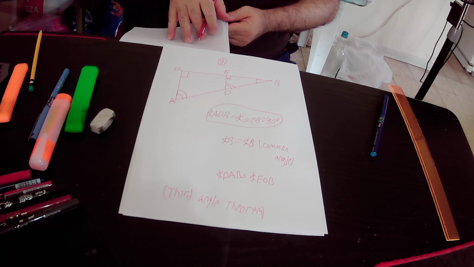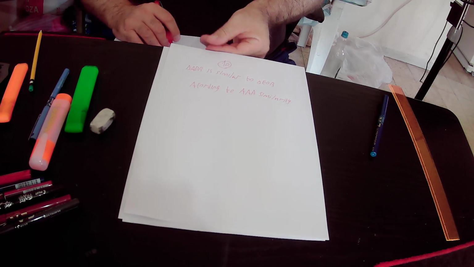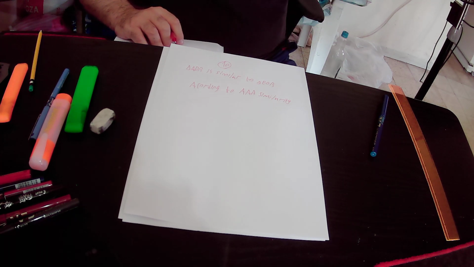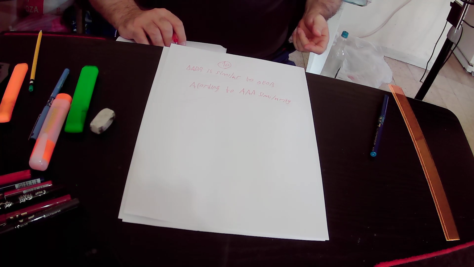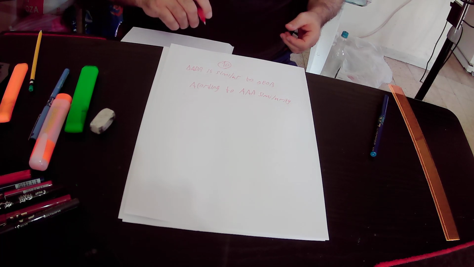So I read again what I wrote. The big triangle, triangle ADB, is similar to the small triangle, triangle EOB, according to angle similarity. Angle similarity states that whenever you prove that all the angles in one triangle are equal to all the angles in the other triangle, then those two triangles are similar to each other.